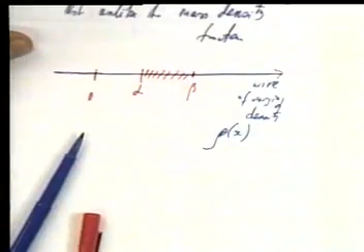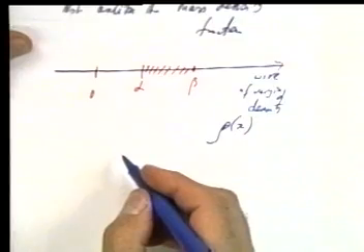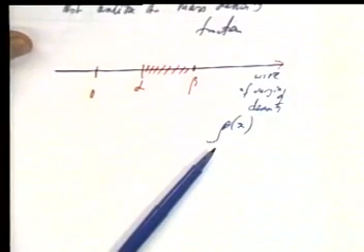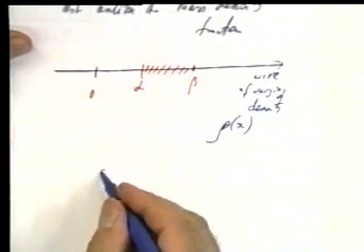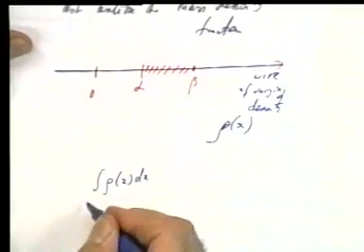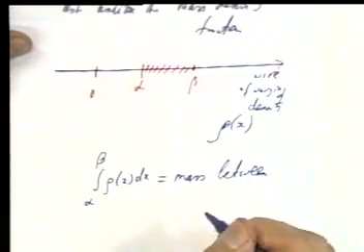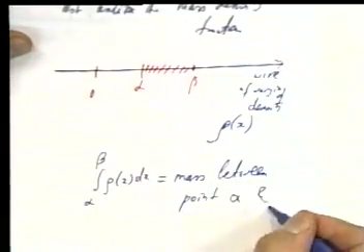Then the integral of rho x dx between alpha and beta equals the mass between points alpha and beta.